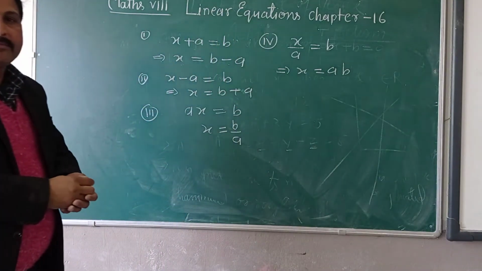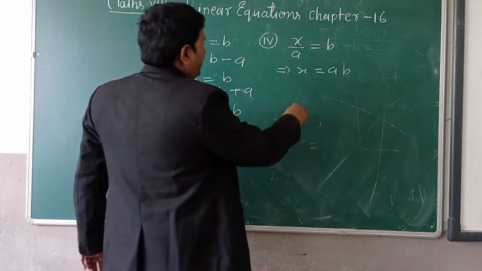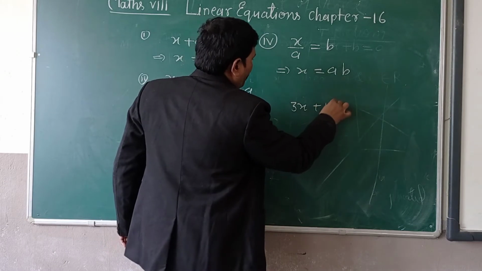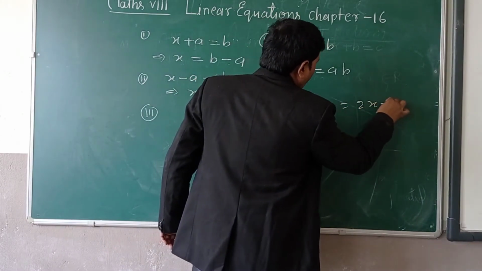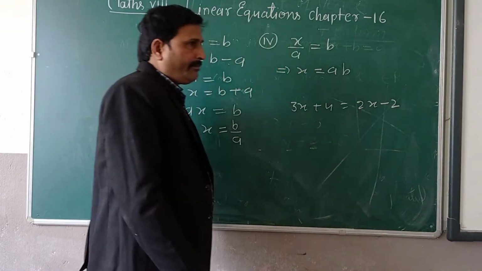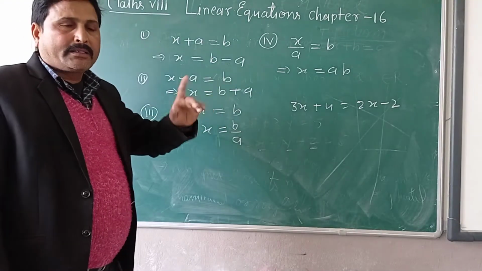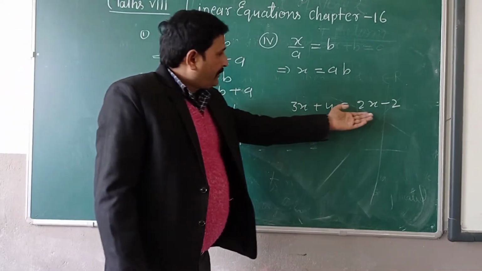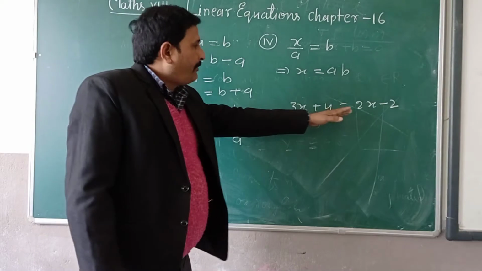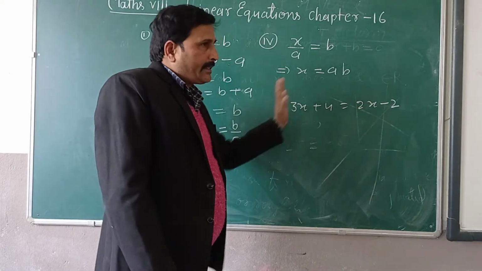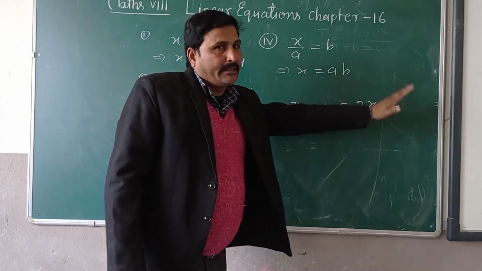Suppose one term I am writing here, 3x plus 4 is equal to 2x minus 2. We are going to solve. First rule is to transpose all the variable terms to one side and constant terms to the other side.